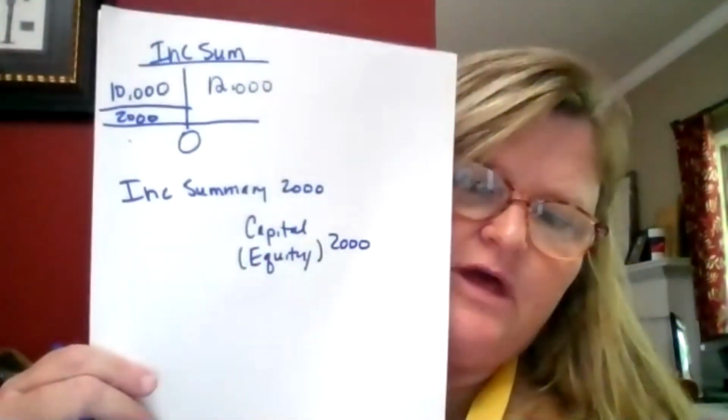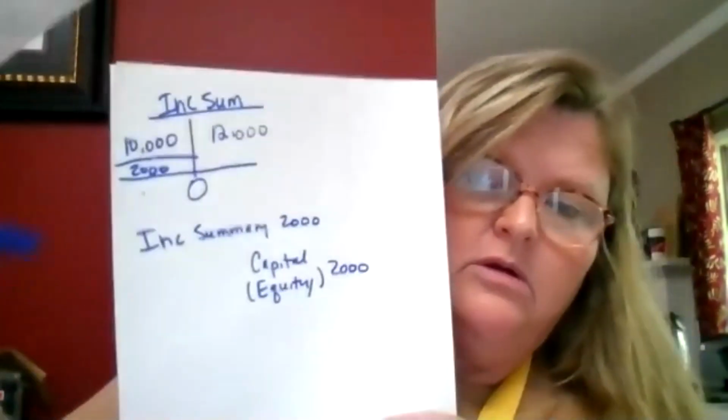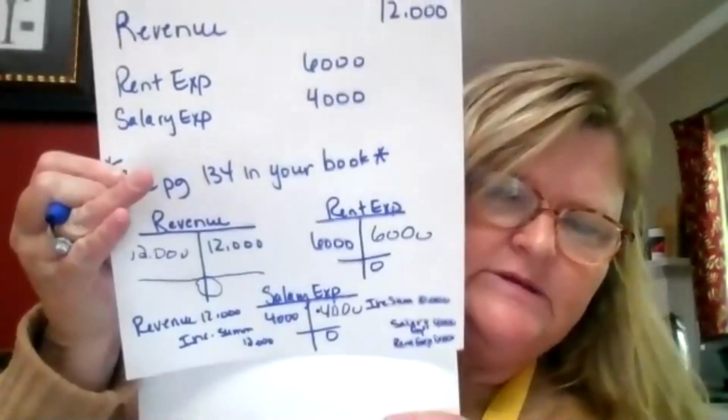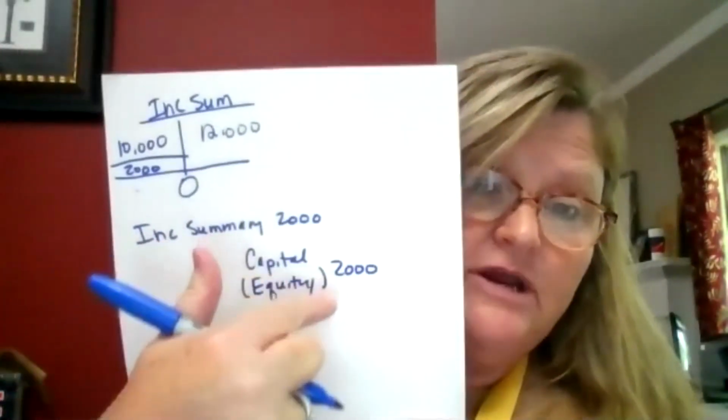I'm putting it to capital. Remember, sometimes your book calls that equity. Like that. I'm putting it to equity, $2,000. So that I have now my revenues are 0, my expenses are 0, my income summary is 0, and my capital has increased $2,000, which is basically my net income.